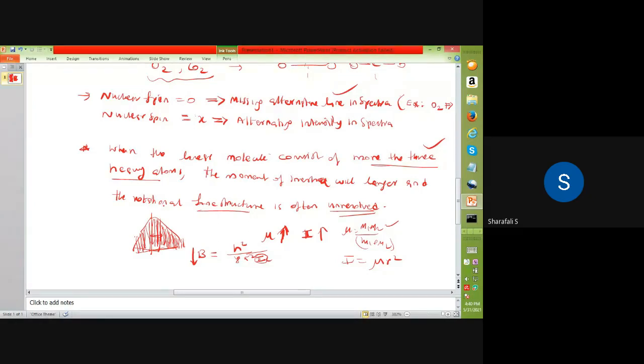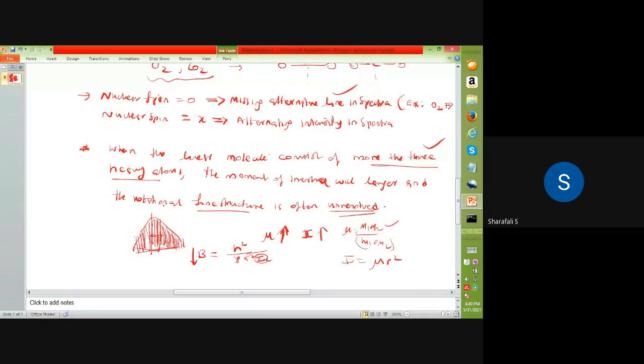There is one more important point that we will discuss later also. Some lines which are present in IR spectra may be absent in Raman spectra, and vice versa. So it is like a complementary technique.